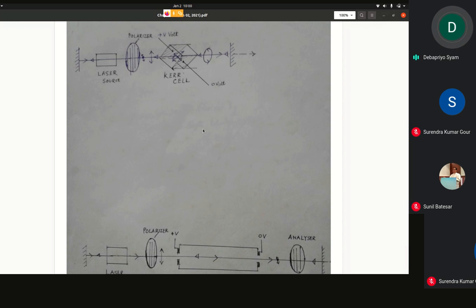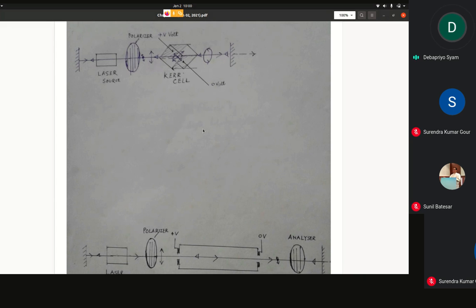But the moment you took away the birefringent property of the Kerr cell, this huge stimulating action takes place and a huge amount of stimulated radiation comes out, and then a huge burst of radiation can come out through the output mirror and proceed to the right. So this is how the Kerr cell acts.